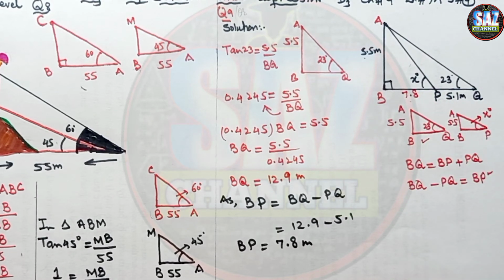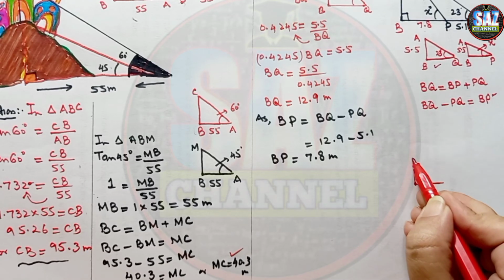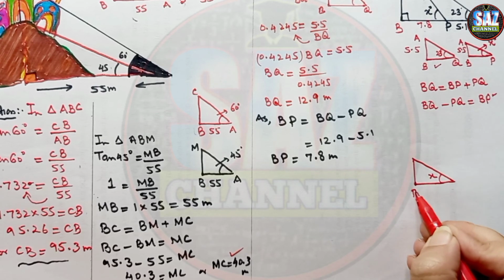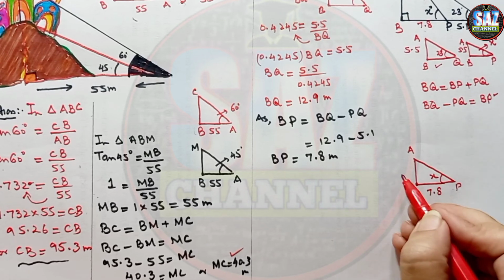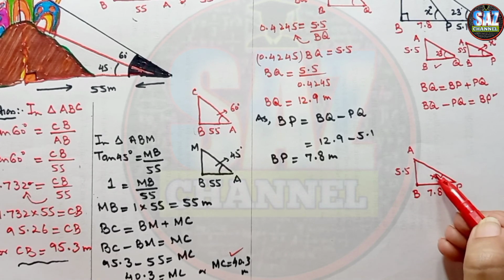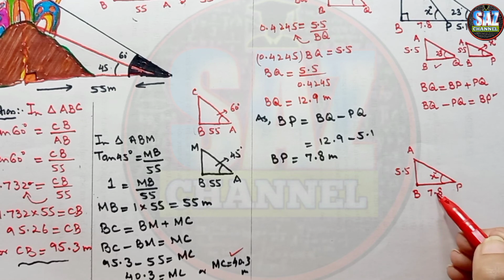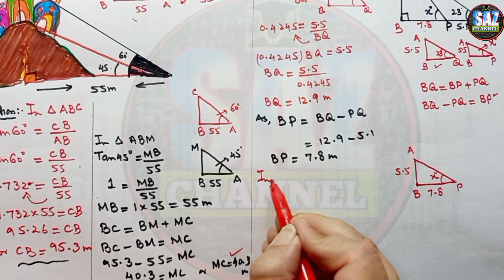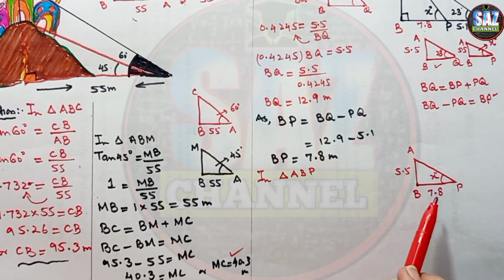Now in order to get value of X, I have to take this small triangle that is having angle X at this place. This is BPA, and this is 7.8, and this is 5.5. Now, I have to see with the reference of this X what is 5.5 and what is 7.8 and which trigonometric ratio we can apply here in triangle A, B and P: opposite and adjacent.